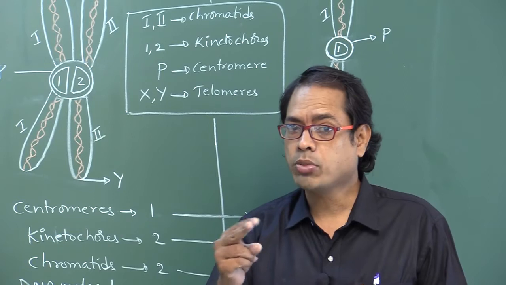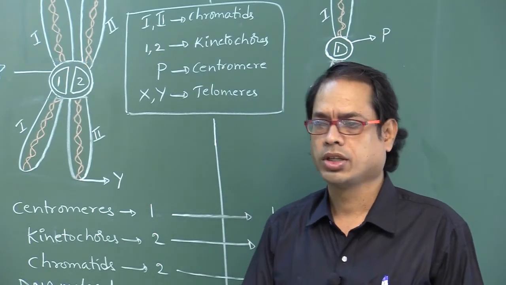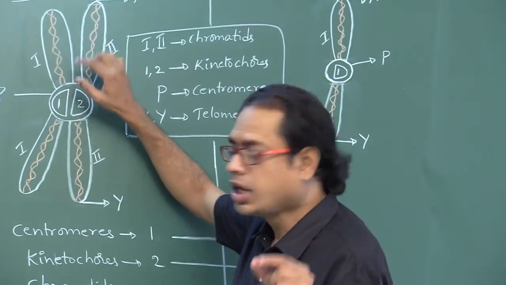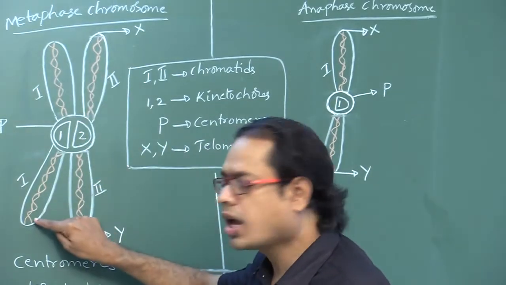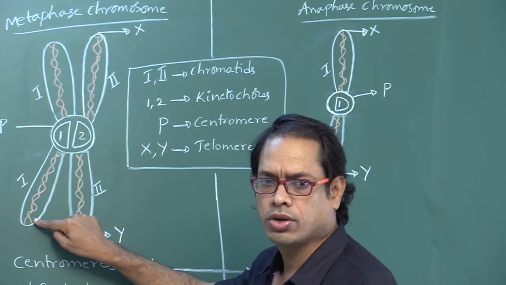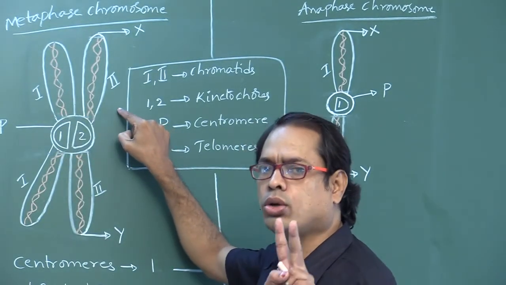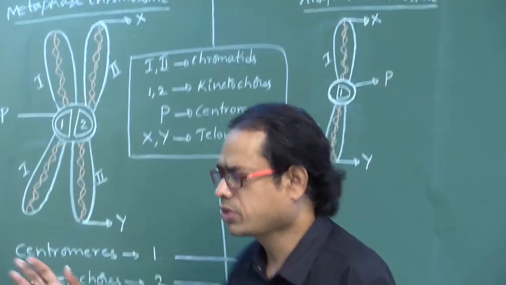Number of DNA molecules in each chromatid of metaphase chromosome: 1. That means this is the metaphase chromosome. Number of DNA molecules in each chromatid of metaphase chromosome means 1. In each metaphase chromosome means 2 DNA molecules. Okay. So please note down all these points, my dear students.